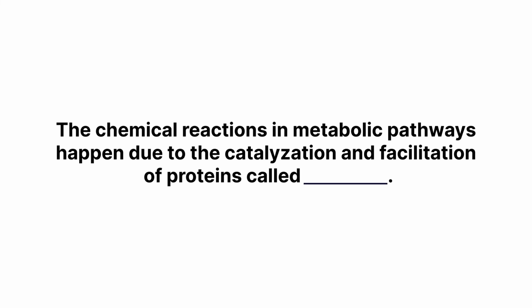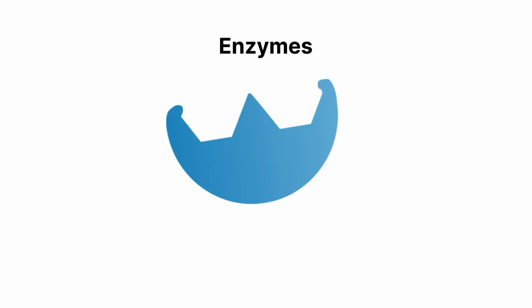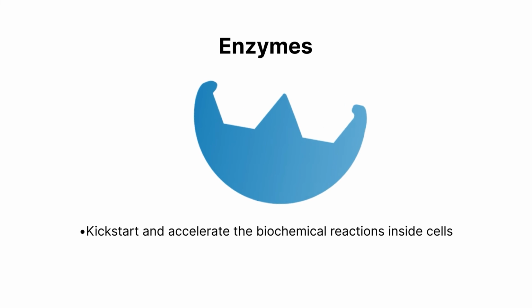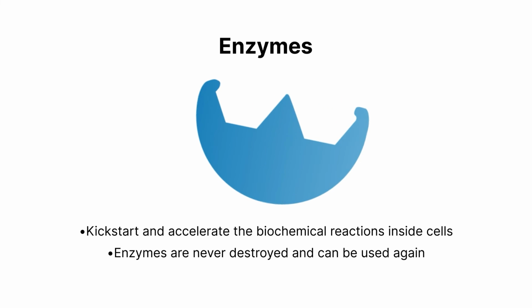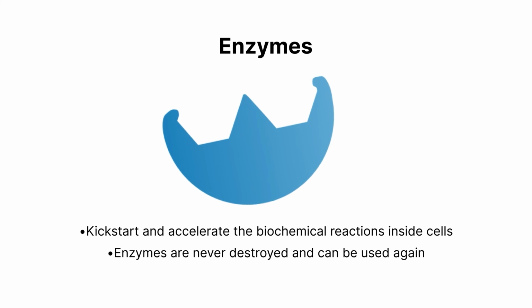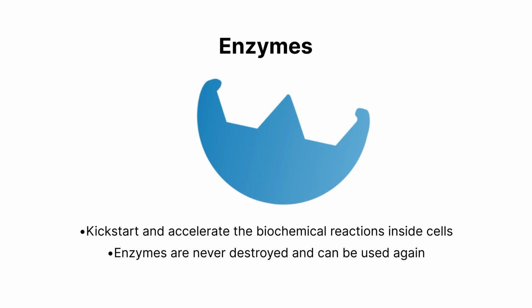The chemical reactions in metabolic pathways are able to happen thanks to the catalyzation and facilitation of proteins called enzymes. The main function of enzymes is to kickstart and accelerate the biochemical reactions inside cells. Enzymes are not destroyed in these reactions and can be used over and over again.